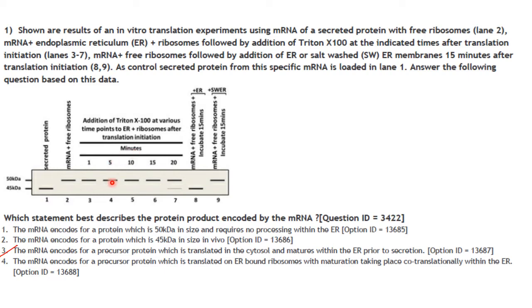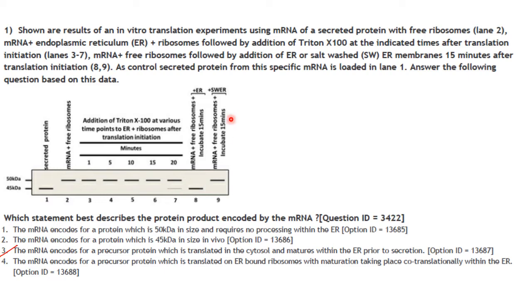you will get a band of 50 kDa. Now mRNA plus free ribosomes followed by addition of endoplasmic reticulum, you get a band corresponding to the final secreted protein, that is 45 kDa. This shows that the protein is synthesized in the cytosol and it moves to the endoplasmic reticulum, where the amino terminal leader sequence of the polypeptide chain is cleaved by the endoplasmic reticulum protease.